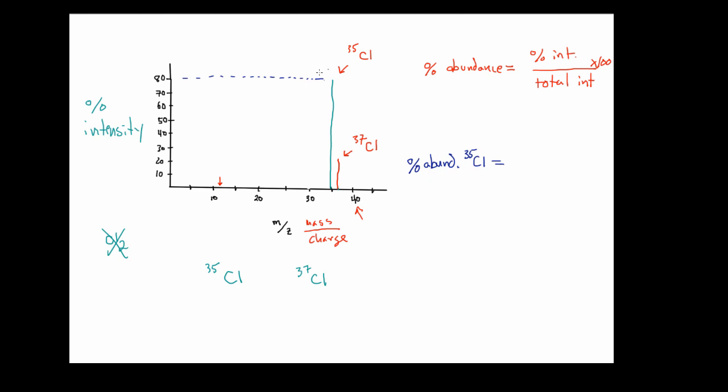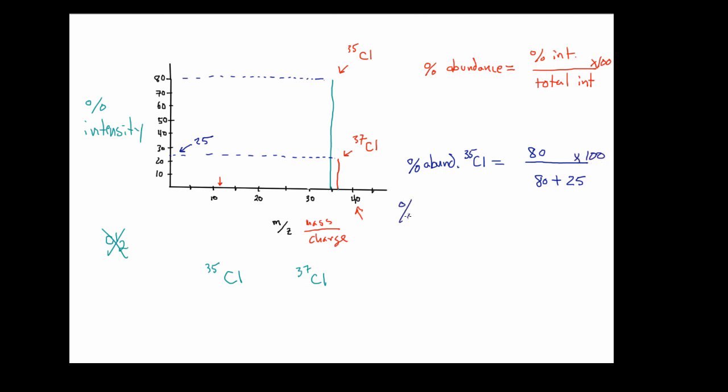So how do we get the percent abundance from this? For the 35 it's going to be 80 for its intensity divided by 80 plus the value for the 37, which is approximately 25 here. I'll put that in here so this is unambiguous. So it'll be 80 plus 25, and then this is times 100.